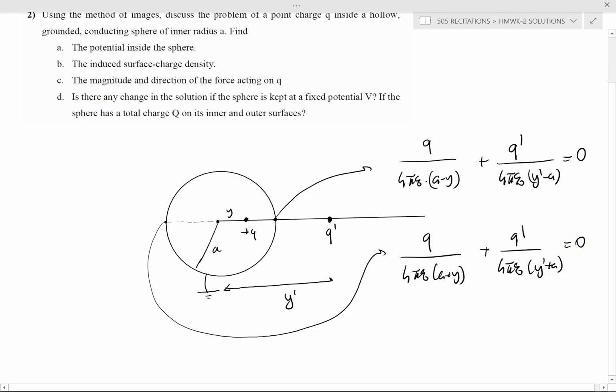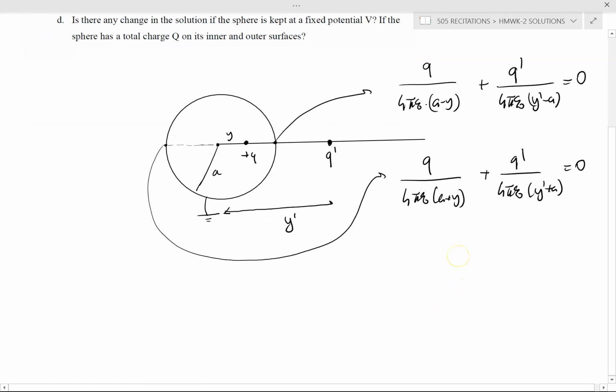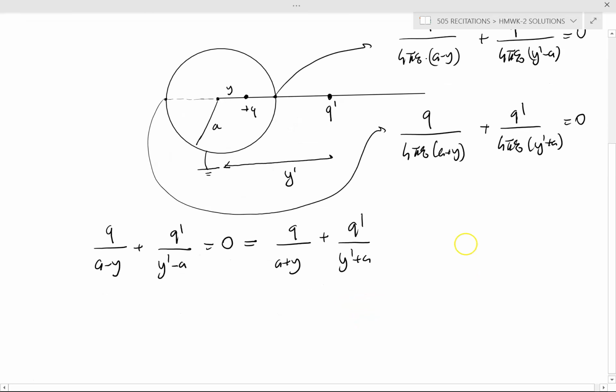Let me quickly check. Yeah. Which means that Q over (a minus y) plus Q prime over (y prime minus a) is equal to 0, and Q over (a plus y) plus Q prime over (y prime plus a) also equals 0.